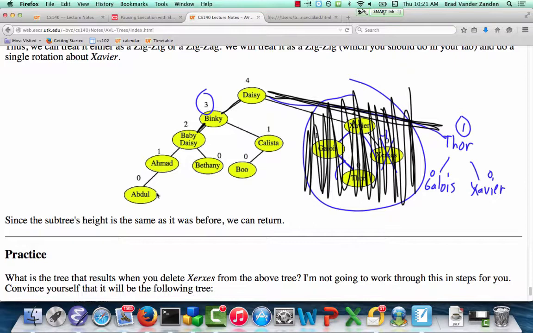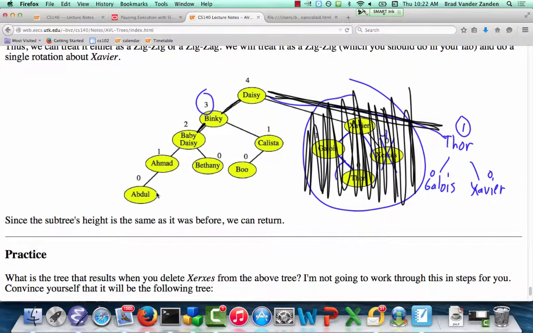That's right. Very good. So you look at the two subtrees for Daisy. The left subtree is the greater height, which is Binky. Now we look at Binky's two subtrees, and we see that the subtree rooted at baby Daisy is greater than the subtree rooted at Calista.